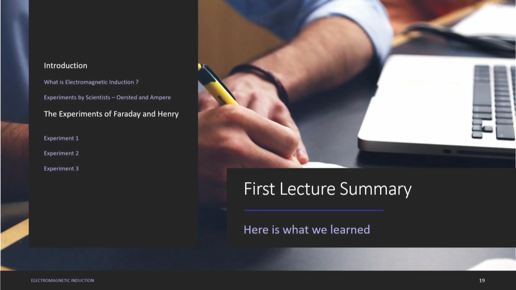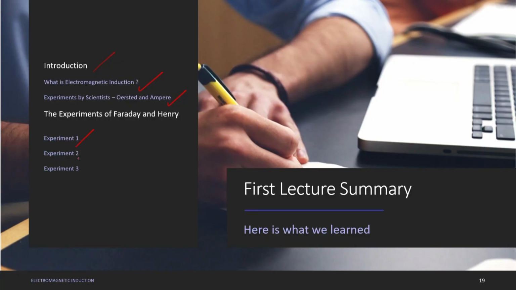And hence the first lecture summary is, what we learned today was, first of all we started with the introduction to electromagnetic induction, the definition of electromagnetic induction, we learnt about Oersted and Ampere, followed by the 3 experiments of Faraday and Henry. We learnt many applications or inventions of Faraday and Henry also, like the telegraph, then the electromagnet, then the electromagnetic motor and so on.